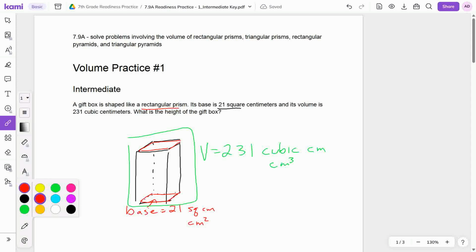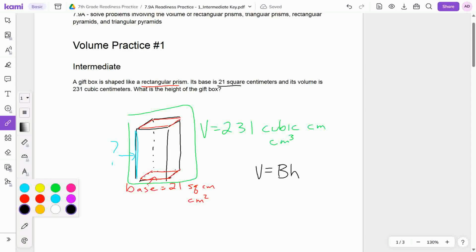What is the height? So we're looking for this right here, this height. Well, what do we know about volume? Volume equals base times height. Now that base is the area of the base, and they've already given us two of these, right?